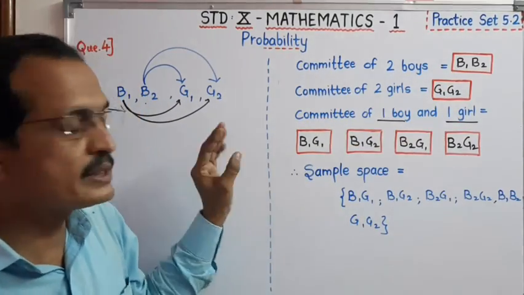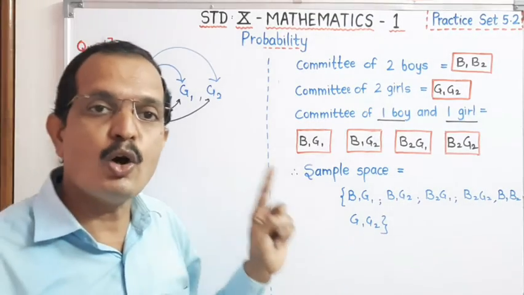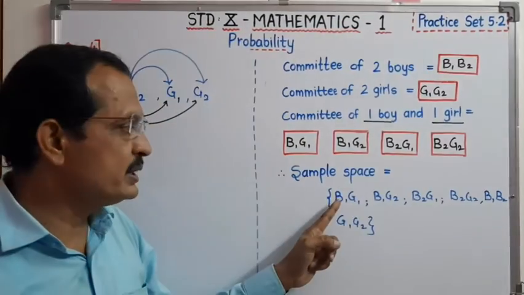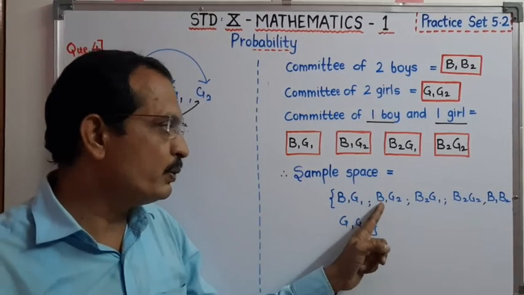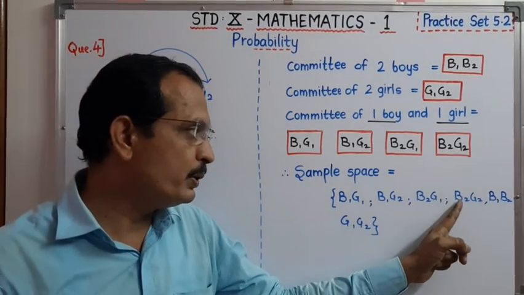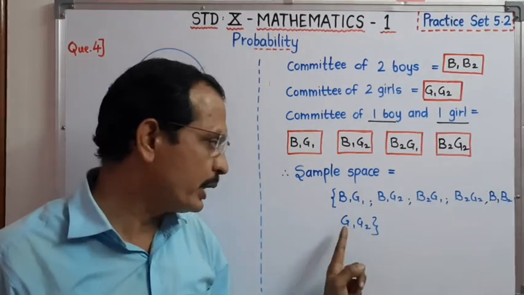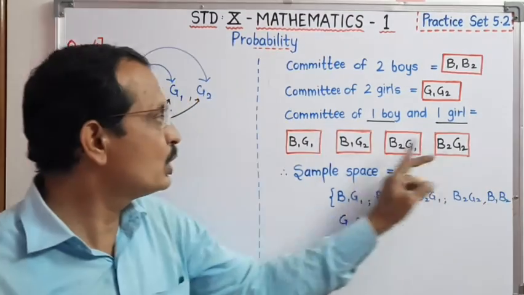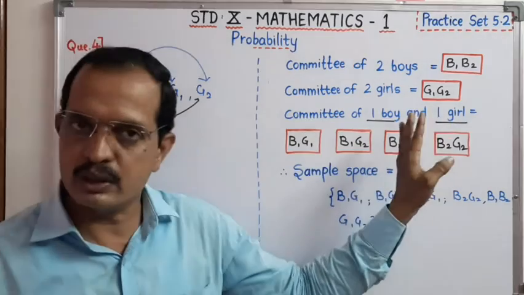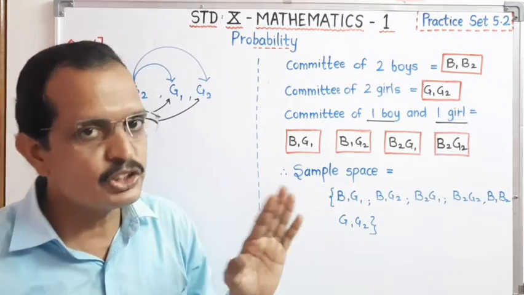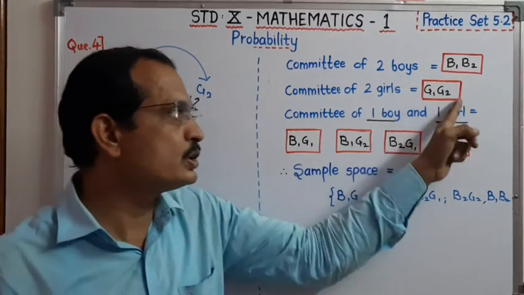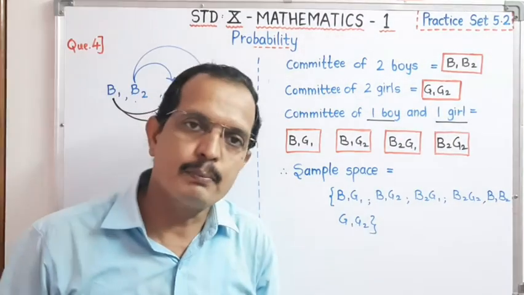Committee of two means B1 G1, B1 G2, B2 G1, B2 G2, B1 B2, and G1 G2. If we write only up to the first four, then it is only for the committee of one boy and one girl. Condition is not given. We have to write the sample space for all. Therefore, these two also we have to write in the sample space.